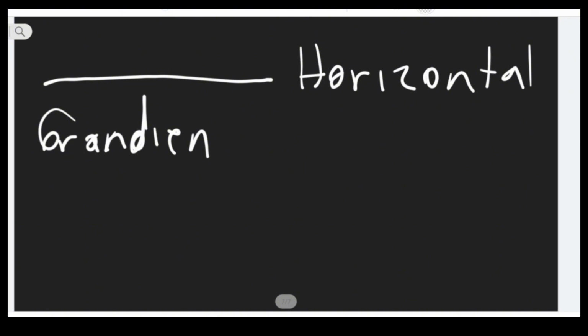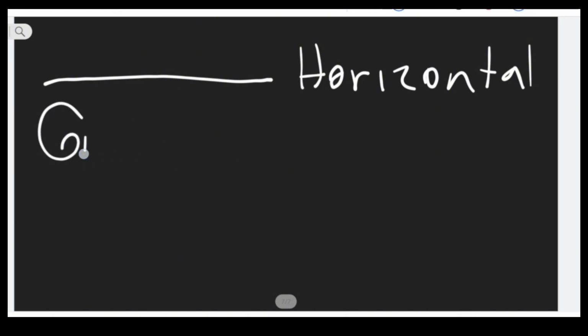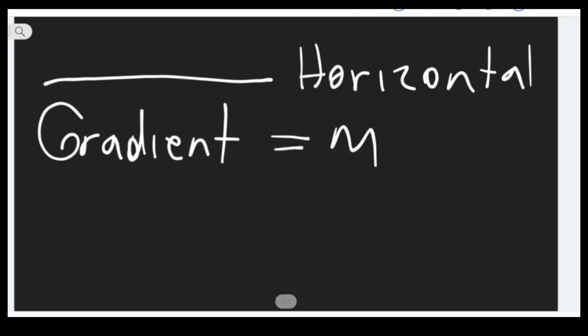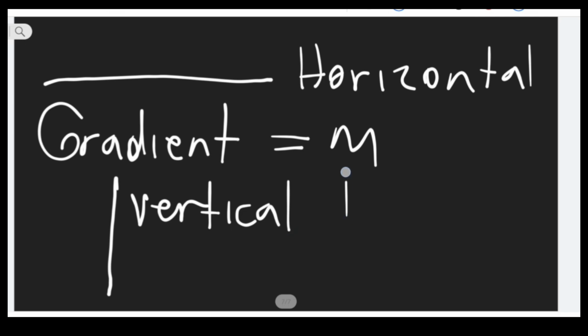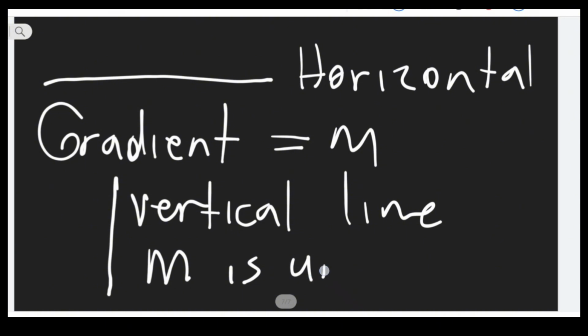Let me write properly. The gradient is equal to 0. Then you have a vertical line, the gradient is undefined.